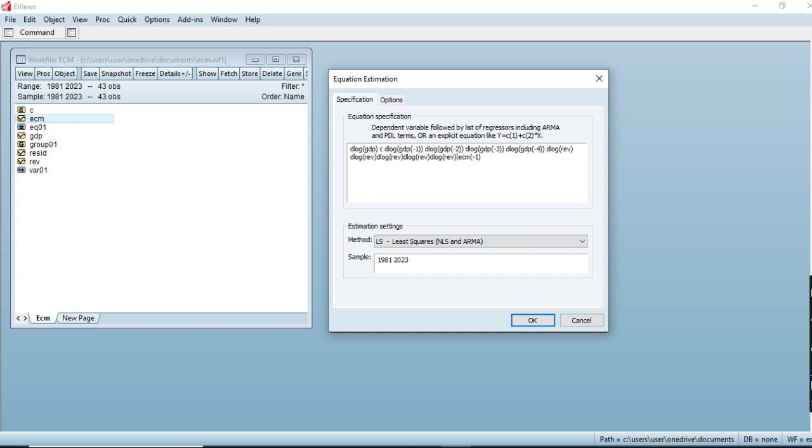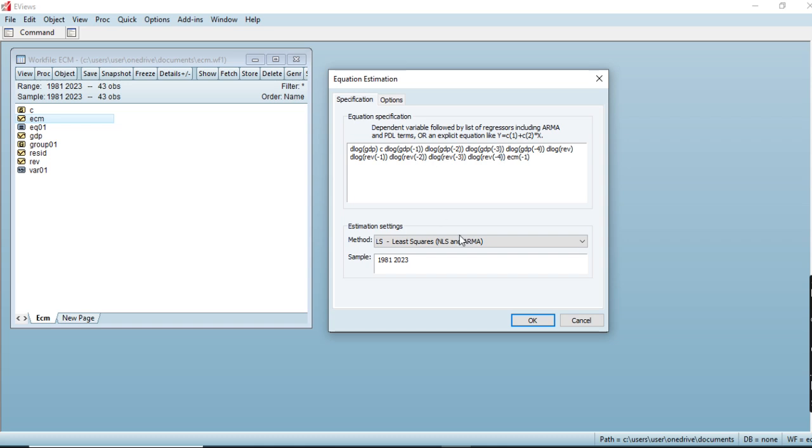1, 2, 3, 4. We go back to include the first lag: minus 1, bracket. Go to the second lag, minus 2, close the bracket. Then we come here, minus 3, close the bracket. Then we come here, minus 4, close the bracket.